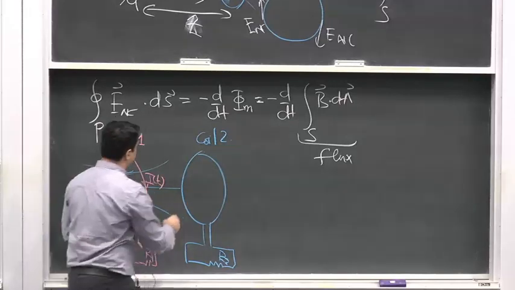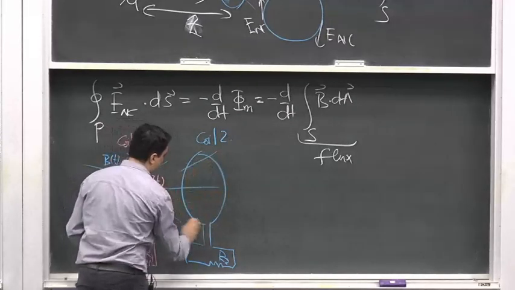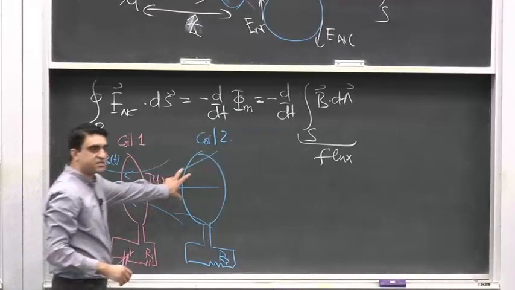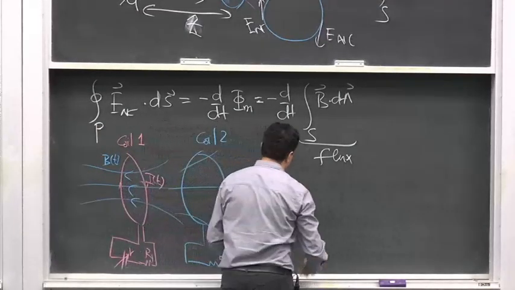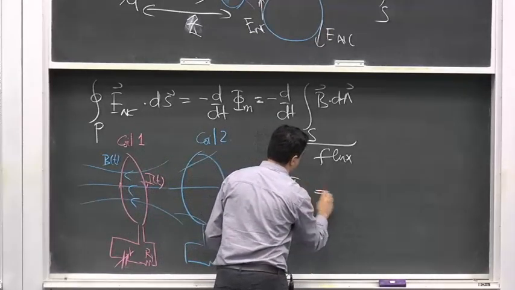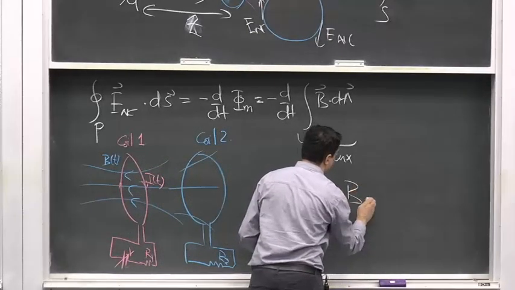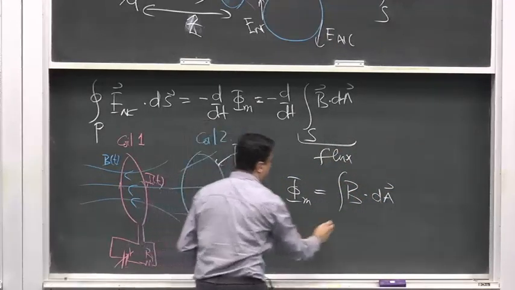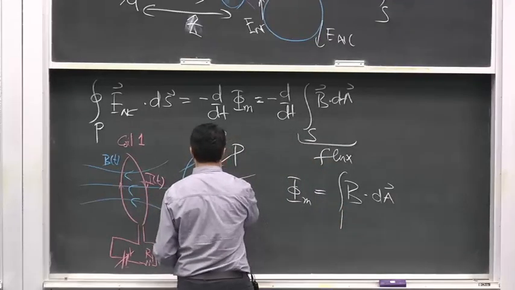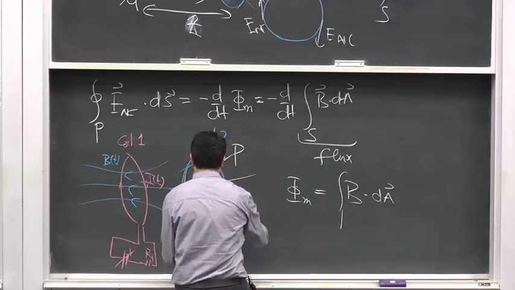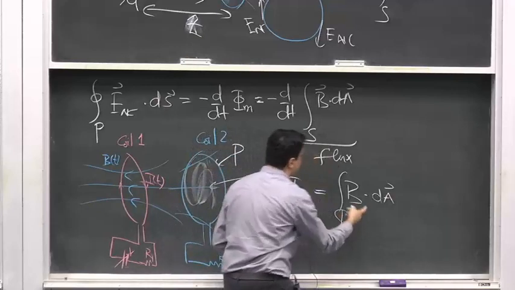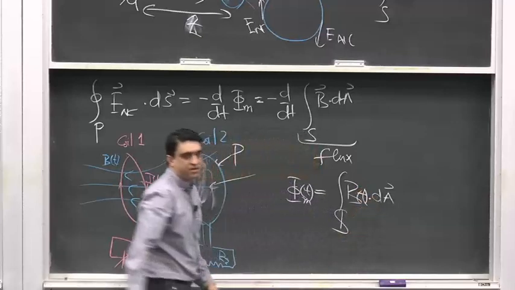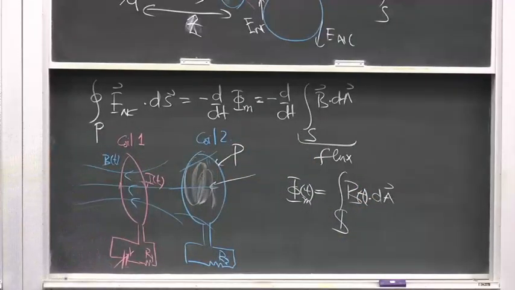Because of this magnetic field, some of these magnetic field lines would pass through this coil as well. So you would have a magnetic flux through that coil. That magnetic flux, which is B dot dA through this surface S, which is enclosed by this path P, would also be a function of time because B is a function of time as well.